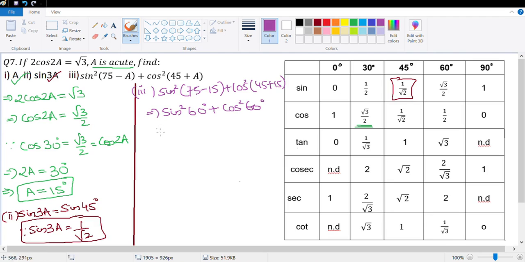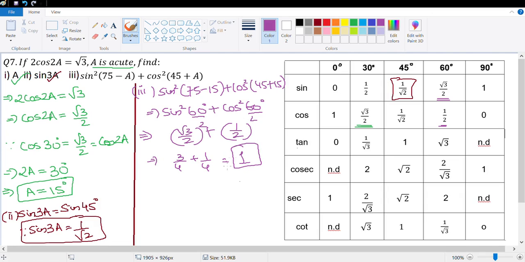I hope you remember from the previous question, sine square theta plus cos square theta was 1. Let's try it if it's the same for this case as well. So sine square 60 degree. So in this case, root 3 upon 2 whole square plus cos square 60, which is 1 upon 2 whole square. In this case, 3 upon 4 plus 1 upon 4, which is equal to 1.